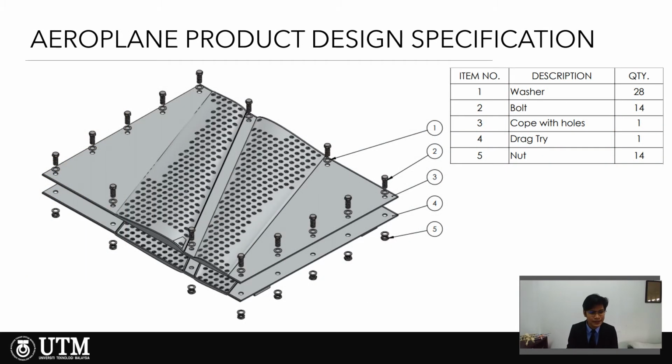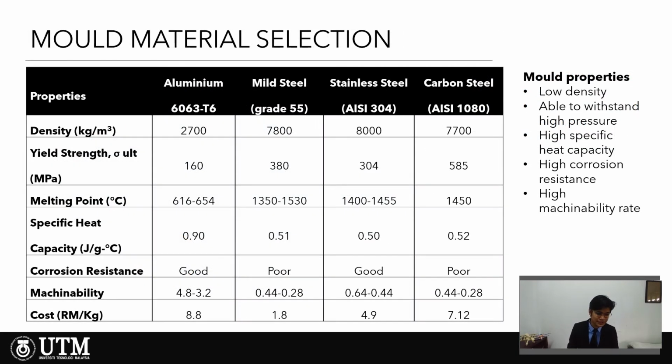So here we can see the cope and drag of the aeroplane mold. This is a mold cavity, and we have some bolts, nuts and washers. So the mold material selection.